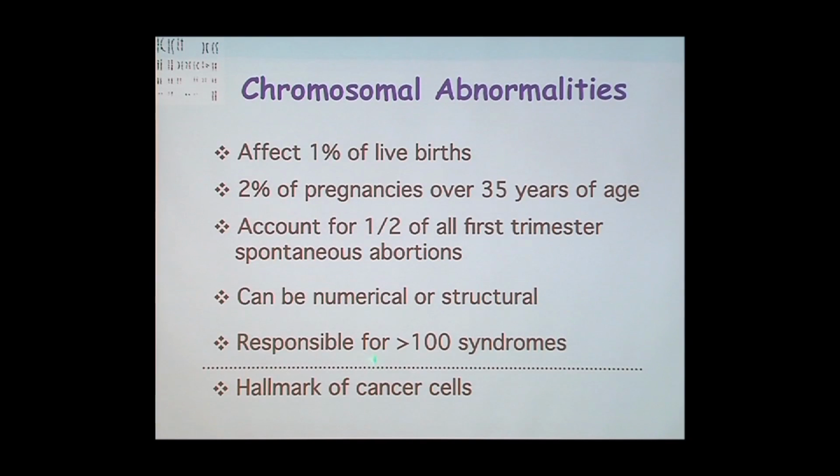And there are about 100 different syndromes that are known associated with different chromosome abnormalities. In addition to these types of chromosome abnormalities that are present at birth, chromosome abnormalities are also a hallmark of cancer cells. So once a cancer cell goes along this pathway to become more cancerous, chromosomes become a mess in those cells. So this is a hallmark feature of malignant cancer cells, too.